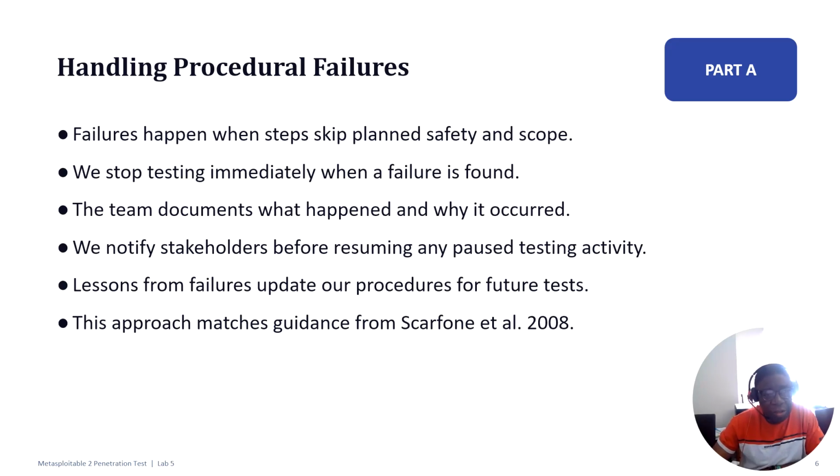Rather than pushing forward from there, I document exactly what happened and why, and I make sure to notify stakeholders before resuming anything. Any lessons from that failure get folded back into my procedure for next time, which lines up with the disciplined, iterative approach Scarfone 2008 recommended for security testing.